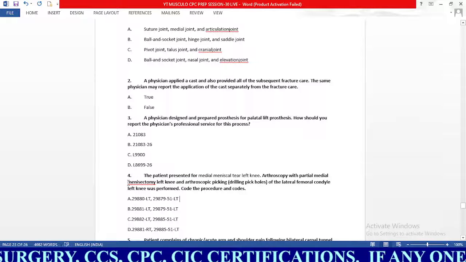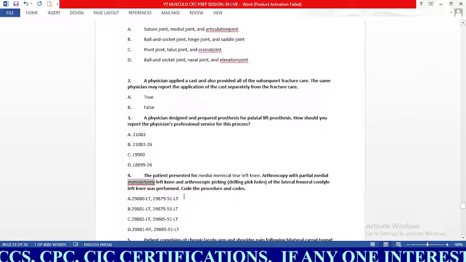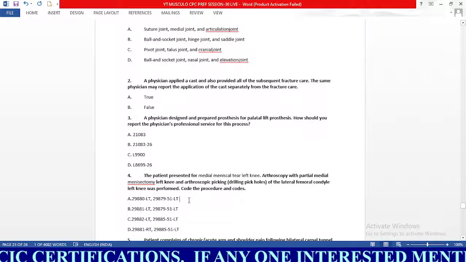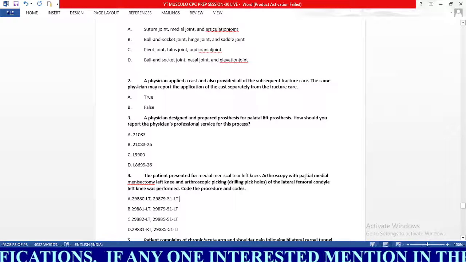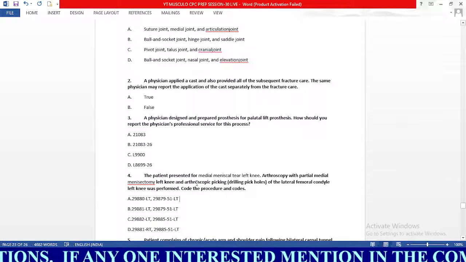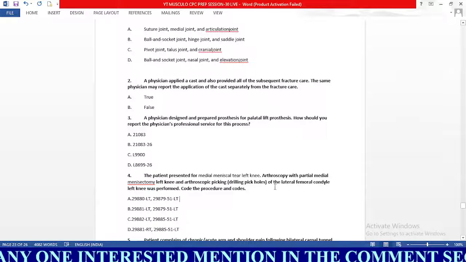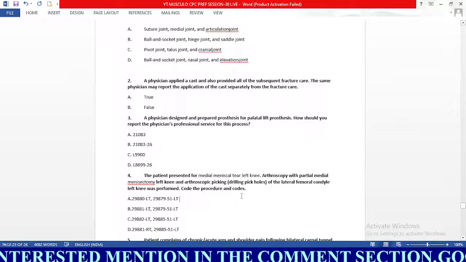You need to remember that in arthroscopic procedures we have meniscal repair as well as excision of meniscus, which is meniscectomy. So here the physician has performed arthroscopy with partial medial meniscectomy left knee and arthroscopic picking of the lateral femoral condyle left knee was performed. Code the procedures and codes.